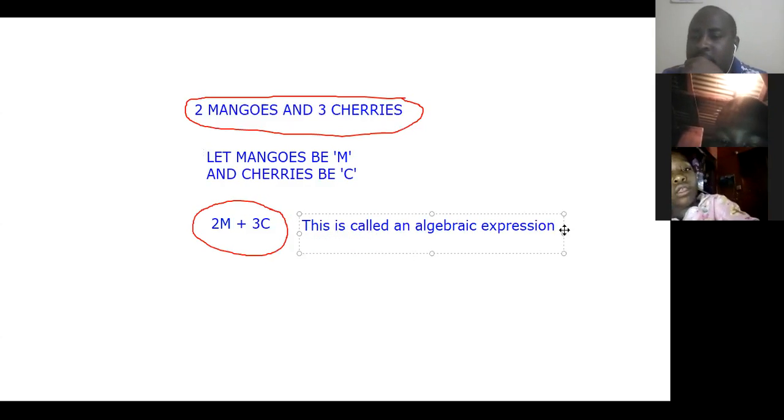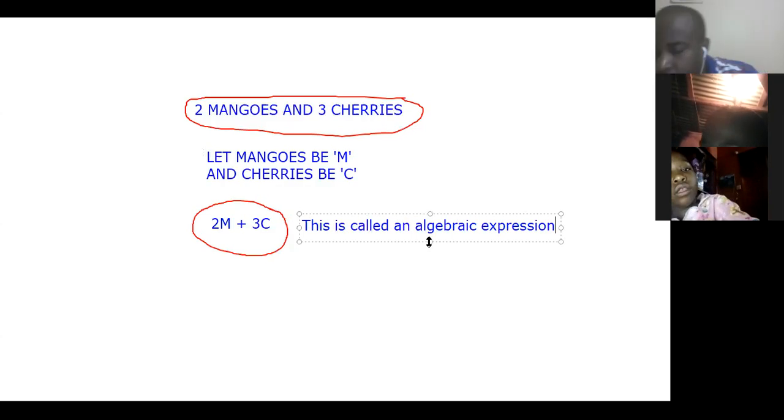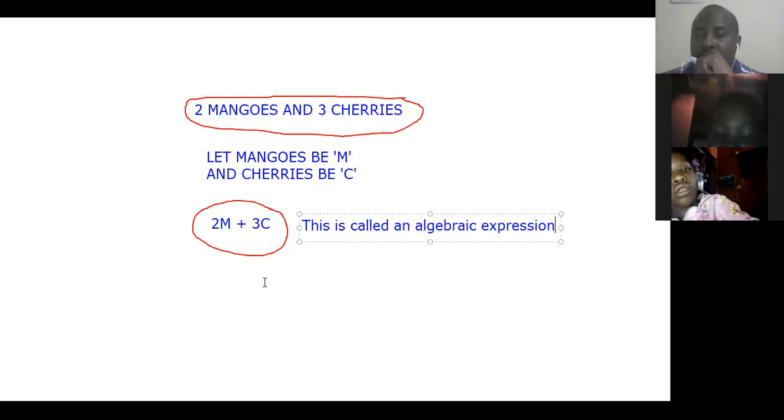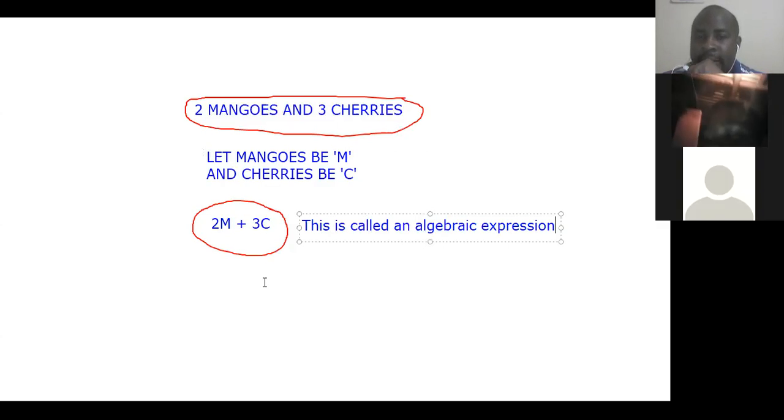It represents a statement in mathematics that is not showing any equality between 2 things. So it's just a statement. We're just putting in letters and numbers and symbols. Write that off already?